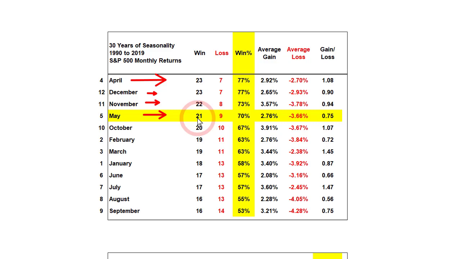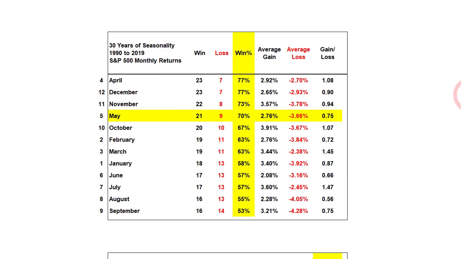The 6-month strategy really isn't that great. You really should probably be selling in June, because if you look at June, it's only up 57% of the time, and the average gain loss is barely positive here. So clearly, April, December, November, and May are your best months. October is also a good month for the stock market.